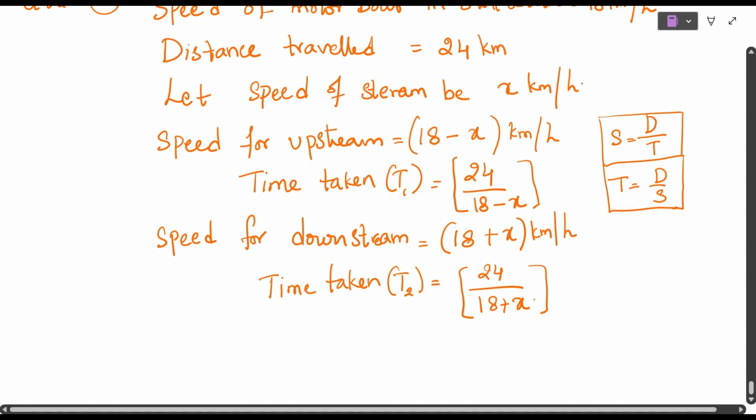Now what they are telling in our question is that while going upstream, it takes 1 hour more than the time taken by downstream. Understood?